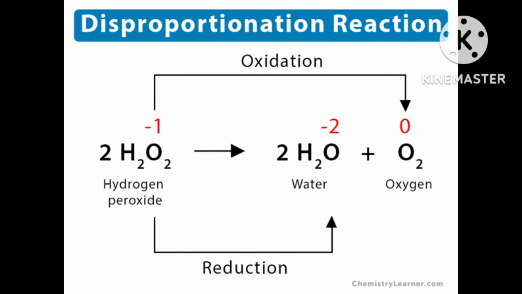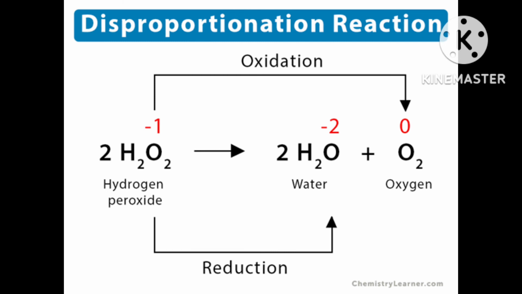Then this will react, and the products are interesting, so keep them in mind. It will give two products. The first product is PH3, phosphine gas, a dangerous, poisonous gas. The other is POCl3, also very dangerous, a poisonous gas.